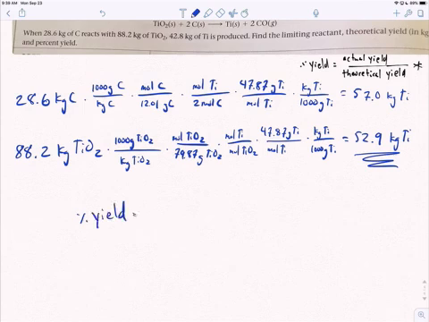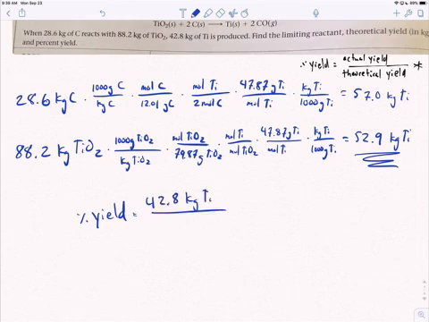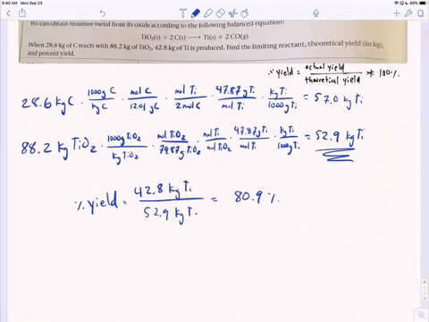And then our percent yield is our actual. So, our actual yield is given to us, 42.8 kilogram titanium all over 52.9 kilogram titanium. And looking at this, we then get 80.9%. Okay.